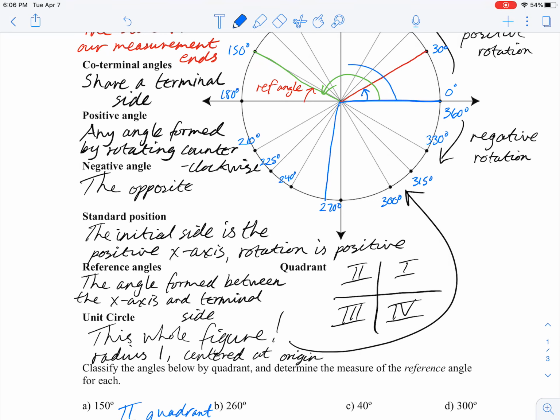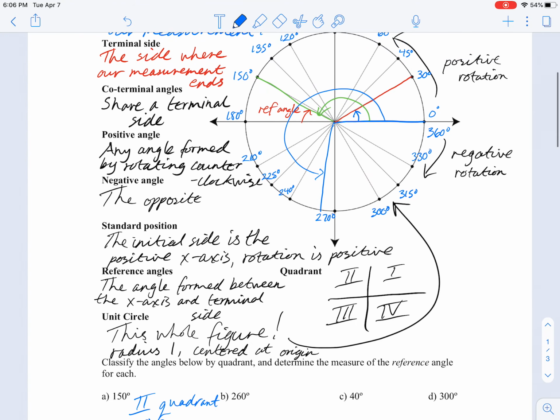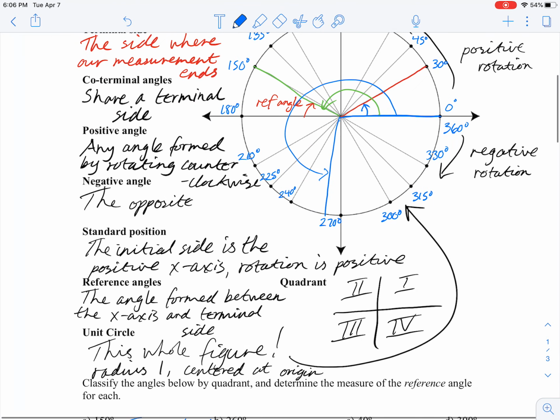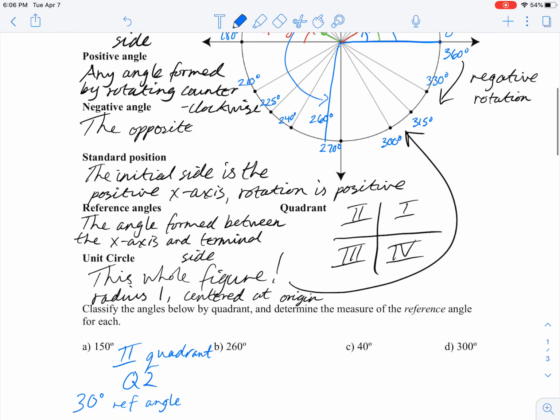We would expect to see that sort of a sweep. Call that 260 degrees. The question is, what quadrant do we live in? Well, that is quadrant 3.